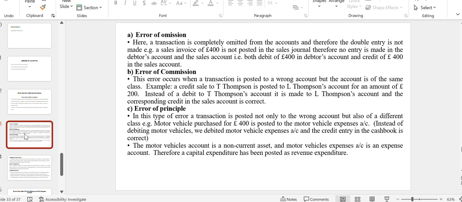As an accountant, you may completely omit a transaction, for example, a sales transaction. Maybe as a company, you sold goods on cash basis or on credit to a customer. A customer here will be referred to as a debtor, and debtors are normally recorded in the statement of financial position as an asset.